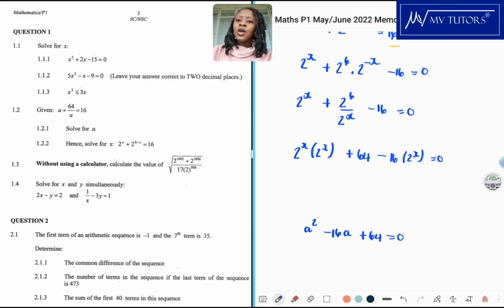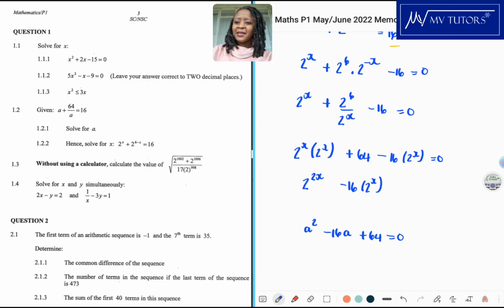All right, so I can have 2 to the power 2x, right? Because if you have the same base, you can add your exponents or your powers. So I have 2 to the power 2x, and then I have minus 16 times 2 to the power x.